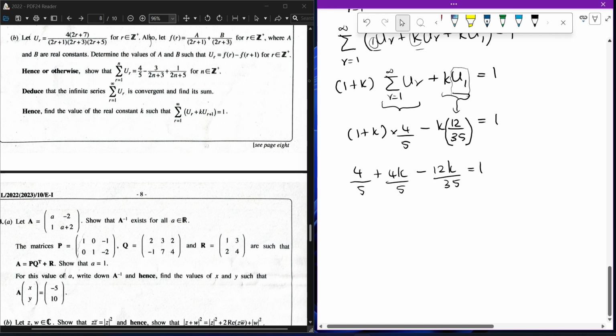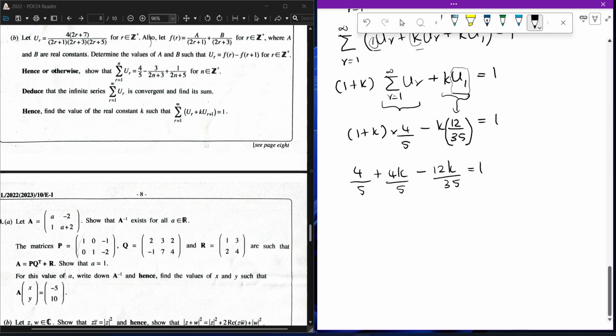Take the u_1 and substitute 1 for the r term, and then the answer you'll be getting is minus 12/35. Of course we are not expected to write it in the paper, just do it in your rough paper and get it here.